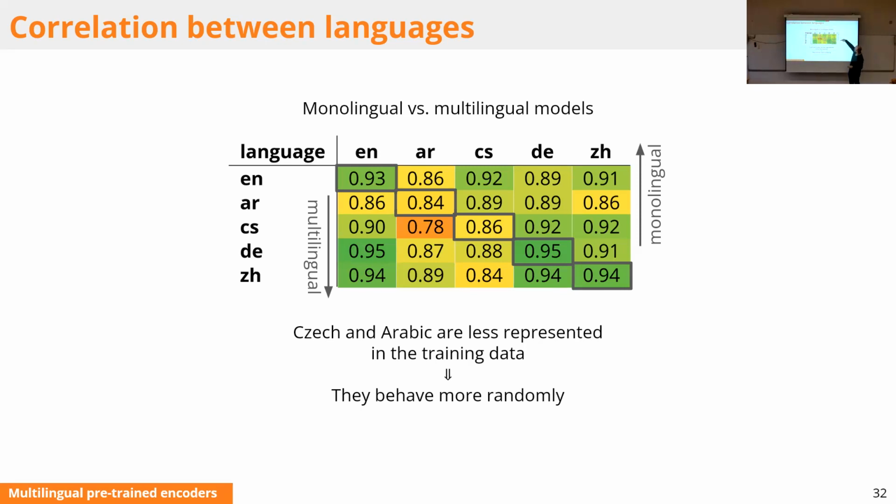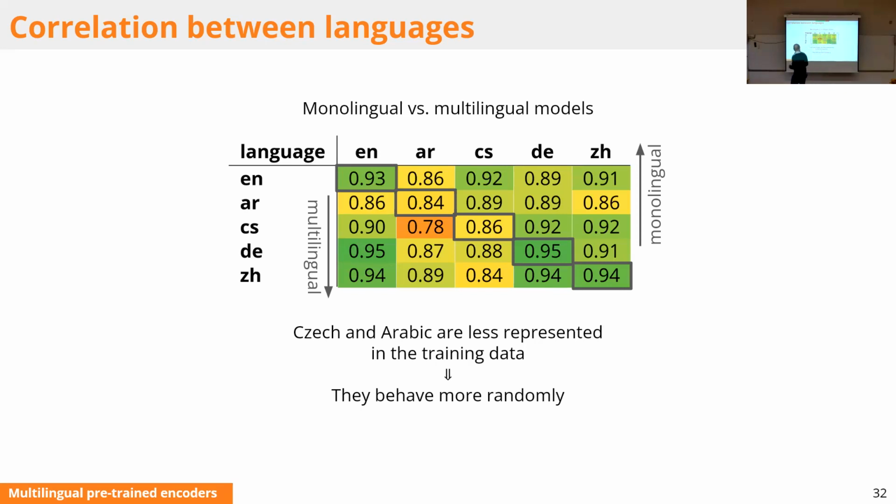The numbers above the diagonal show how the languages correlate with each other when the moral values are taken from the monolingual model. And the numbers on the diagonal show how the same language correlates with the numbers extracted from a multilingual and from the monolingual model.